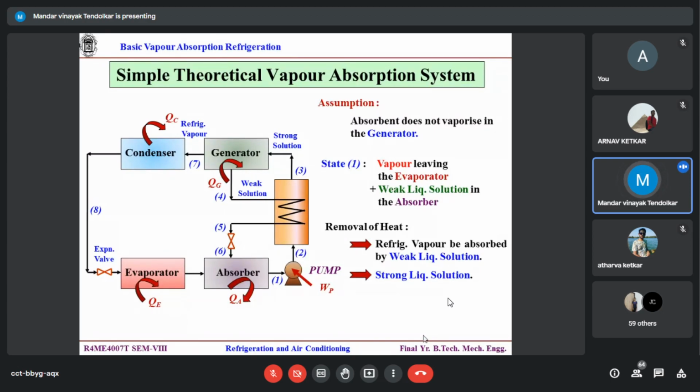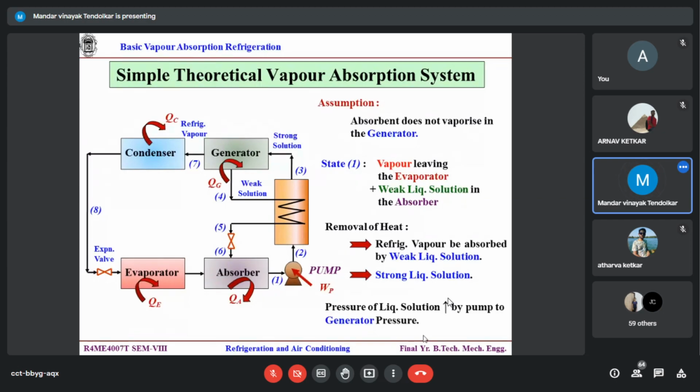Your refrigerant vapor will be absorbed by the weak solution. QA is the removal of heat. And what I get as the inlet to the pump is the strong solution. Strong means absorbent plus refrigerant.